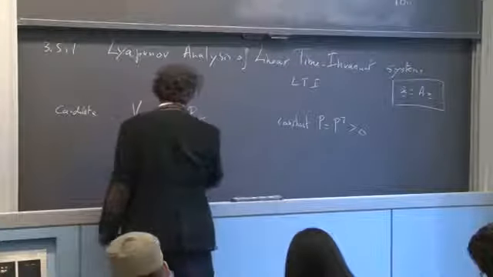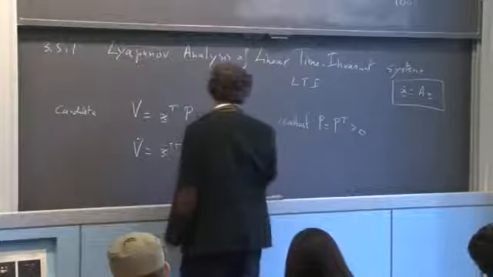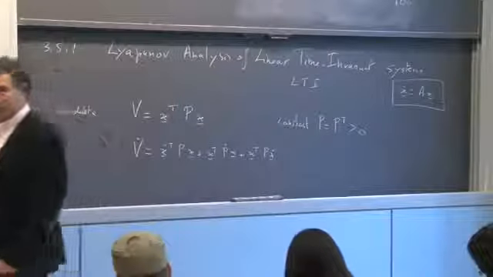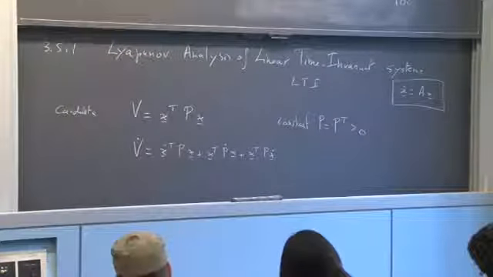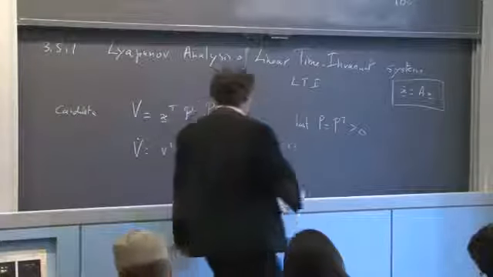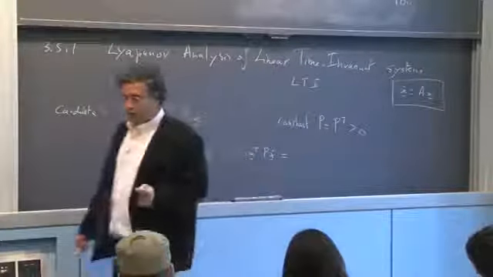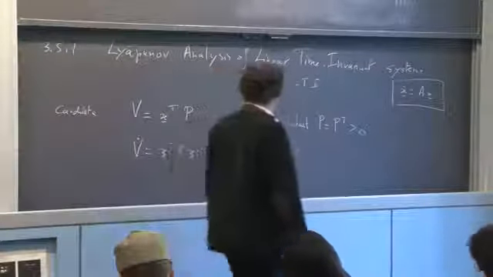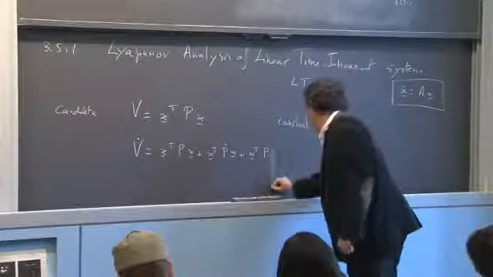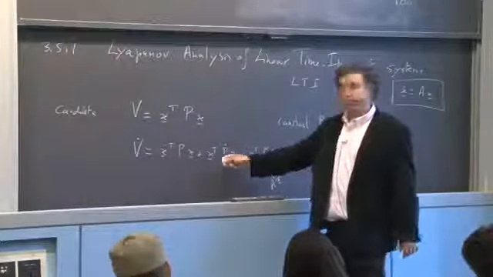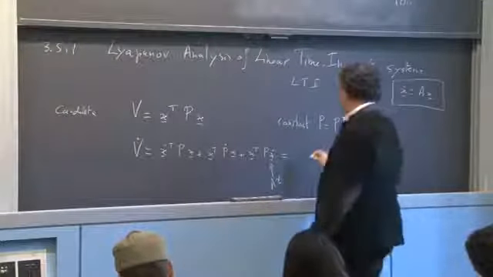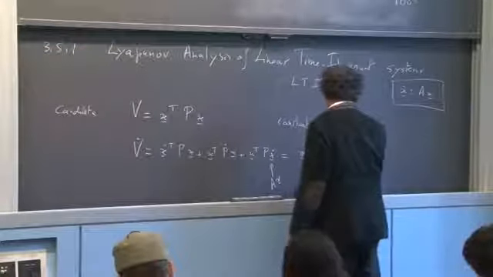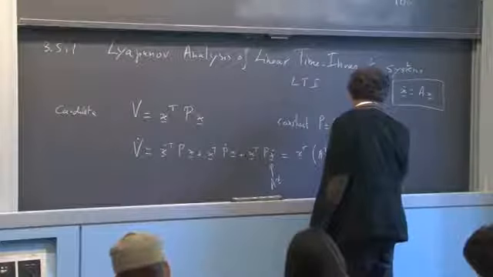So we have x dot transpose Px plus x transpose P dot x plus x transpose Px dot. And of course, x dot equal Ax. So x dot here is Ax. P dot, of course, is 0. So I simply get x transpose (A transpose P plus PA) times x.